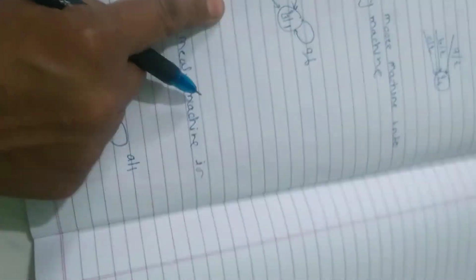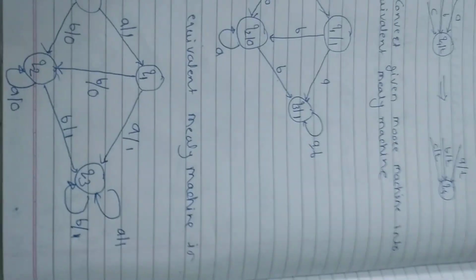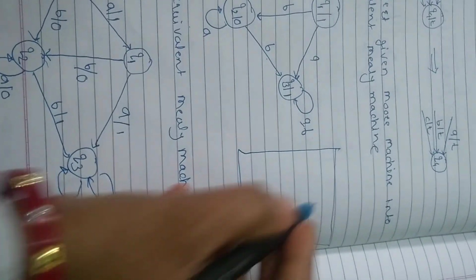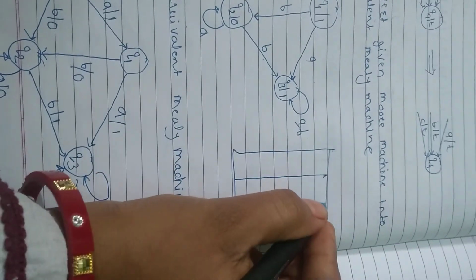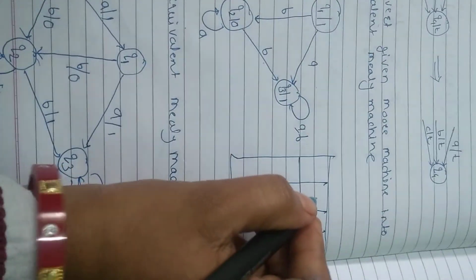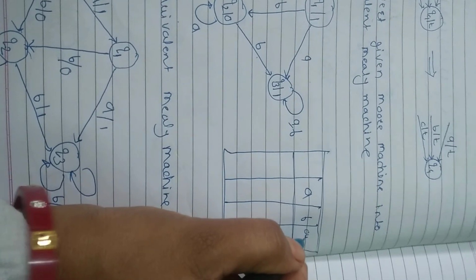Now I will construct the transition table of this. Here is input symbol A, input symbol B, and this is for the output symbol.